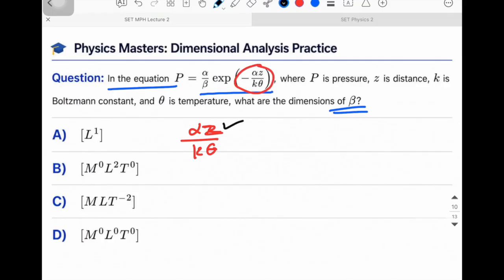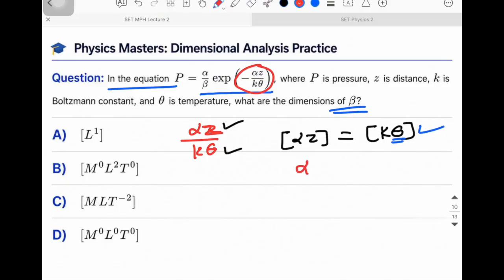So alpha z and k theta must have the same dimension. We know that k theta, if theta is temperature and k is Boltzmann constant, is actually thermal energy. So this has energy dimension.